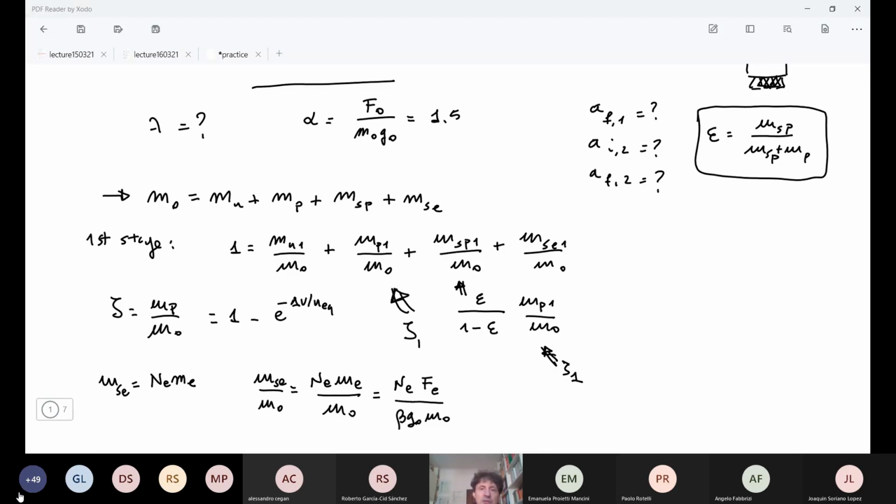And we can also consider that this quantity, n times the thrust of the single engine, is also F0. That is given, this F0 over G0 M0 is given by our alpha. So given alpha and beta, we can obtain also this term here.